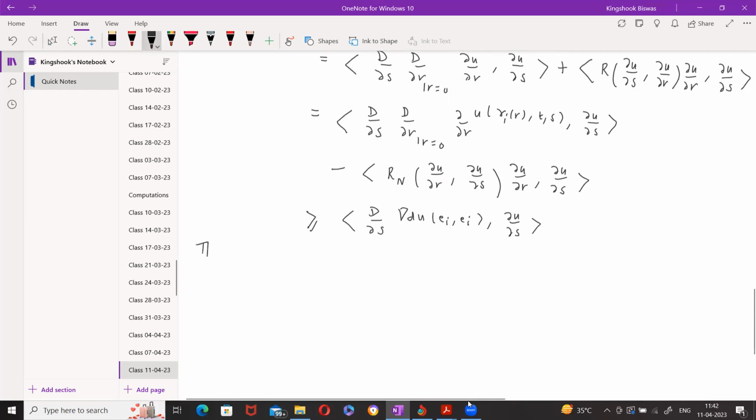So thus, the Laplacian of V is equal to the sum over i of Hessian V applied to ei. That is greater than or equal to, from here, the sum over i, inner product, d del s of nabla du ei, del u del s.